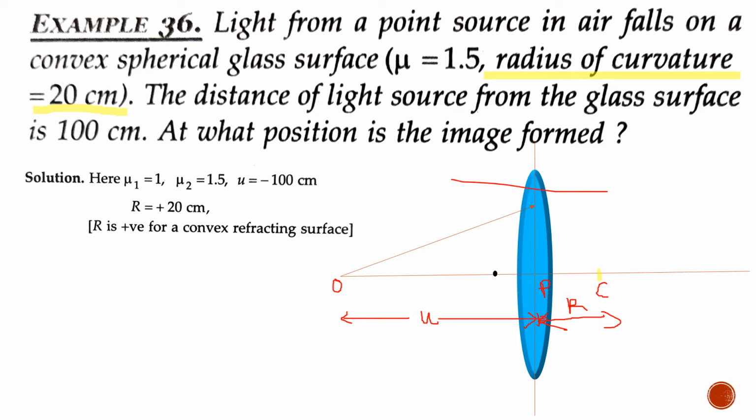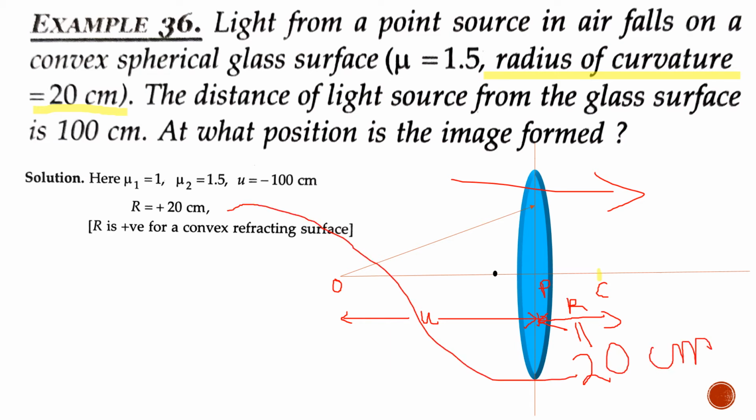It is measured from the pole to the center of curvature, therefore it will be positive. So your radius of curvature is 20 centimeter.